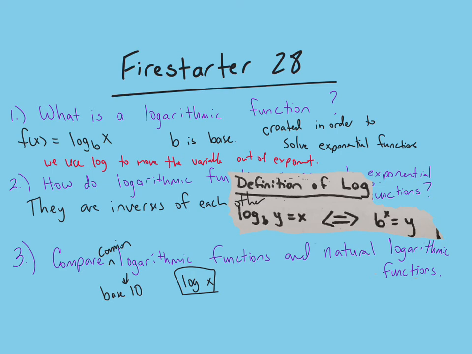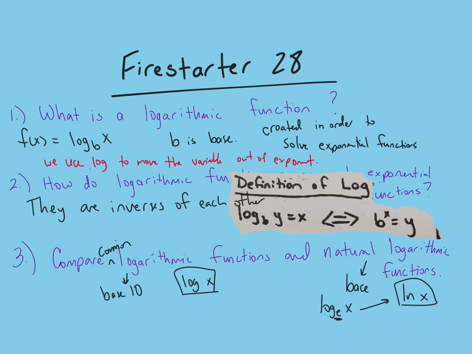So natural log has base e. You'll never see anybody write the little e here. They'll write ln instead. Both of these have buttons on your calculator, and that's the difference between the two.